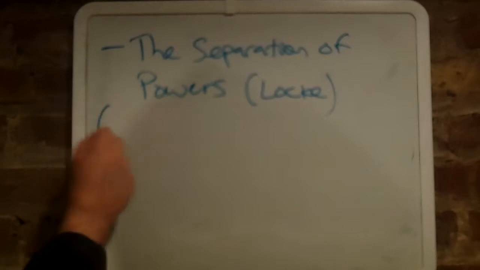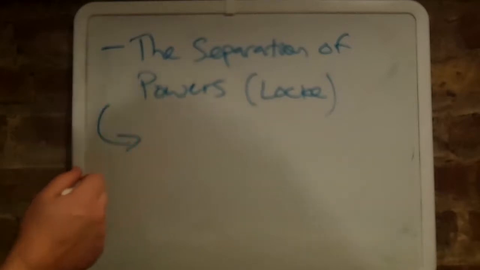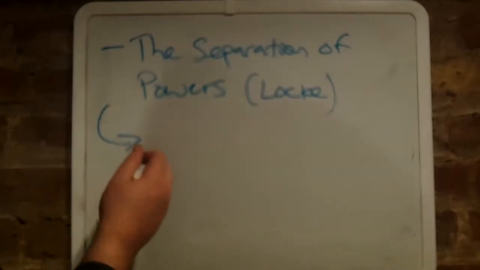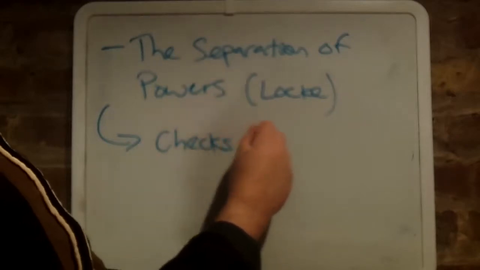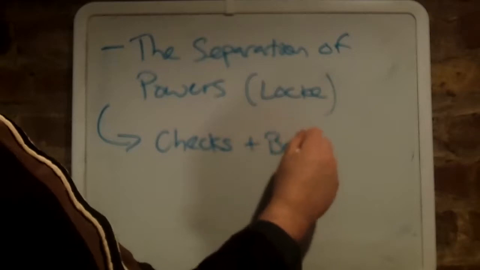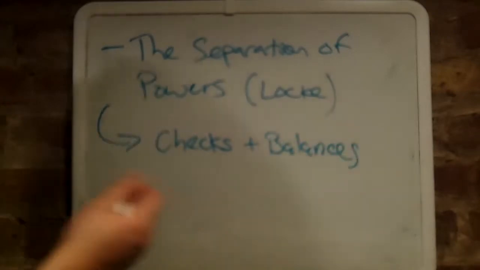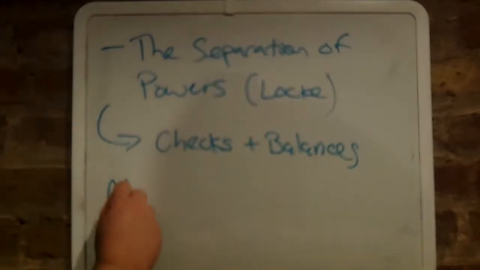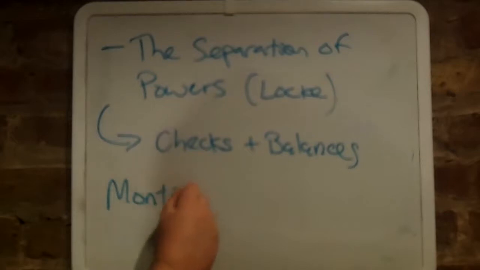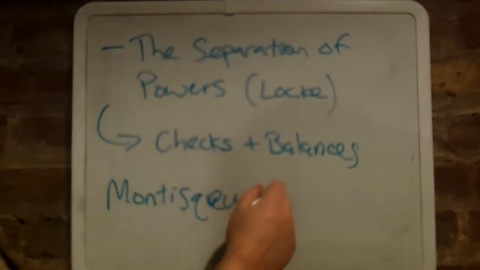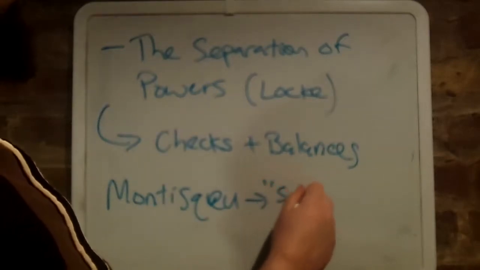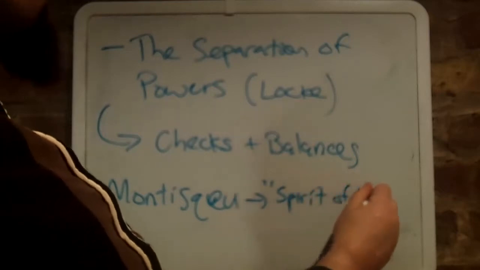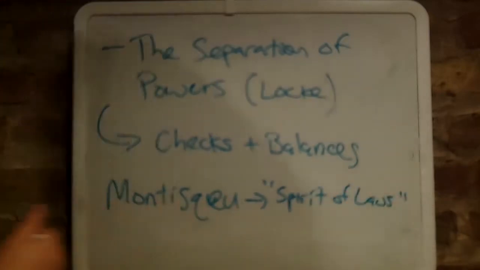And this came to be embodied in the Constitution in a concept known as checks and balances. Another influential thinker was a Frenchman named Montesquieu, who wrote a book called The Spirit of Laws. And his ideas were also influential in the writing of the Constitution.